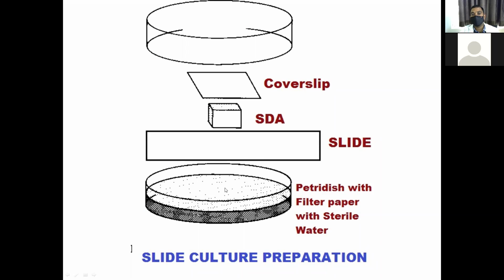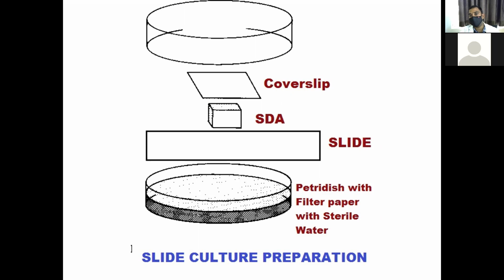The first petri dish has filter paper with sterile water, then V-shaped rods will be placed, and the slide with the inoculated growth is put on them. Cover the petri dish and keep it in the BOD incubator at 22 to 37 degrees centigrade.